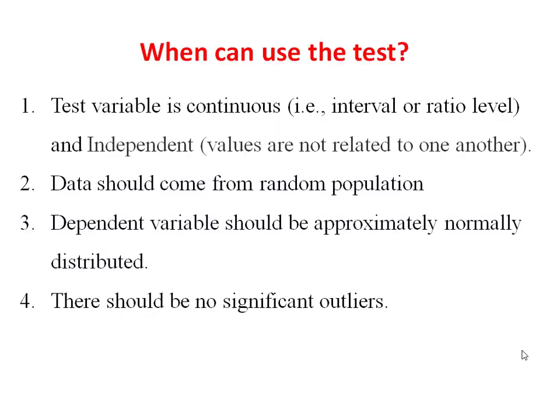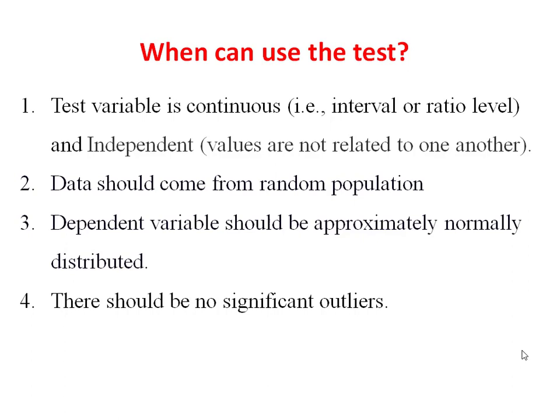Next one, when can we use the t-test? First condition, the test variable is continuous, that is our data should be interval or ratio type of data, and independent. That means values are not related to one another.